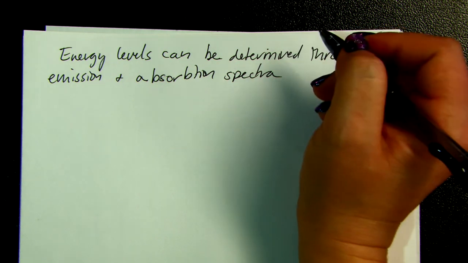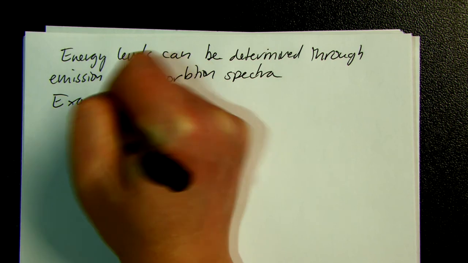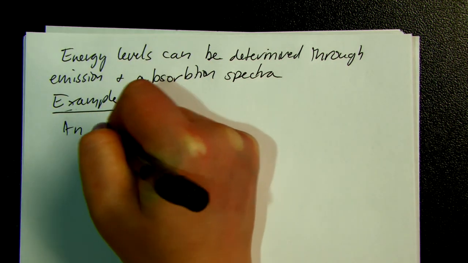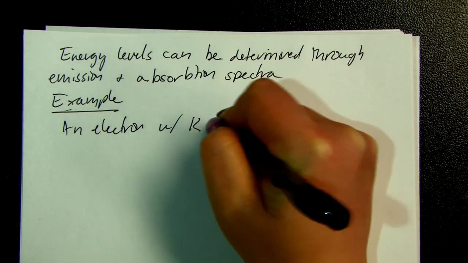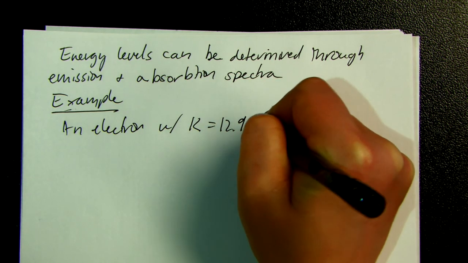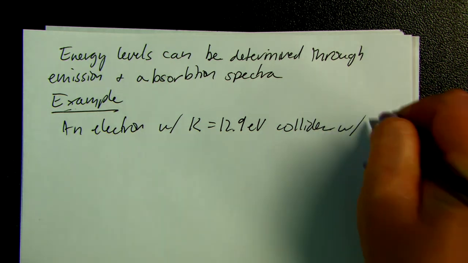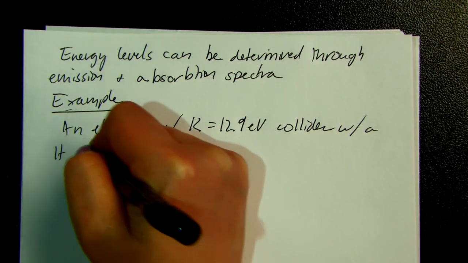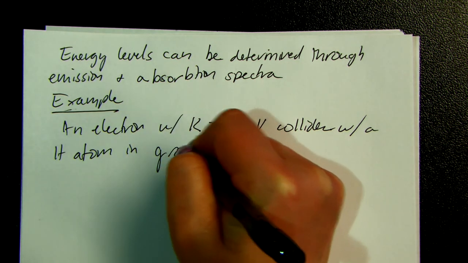All right, so let's do some more examples. An electron with kinetic energy 12.9 eV collides with a hydrogen atom in ground state.